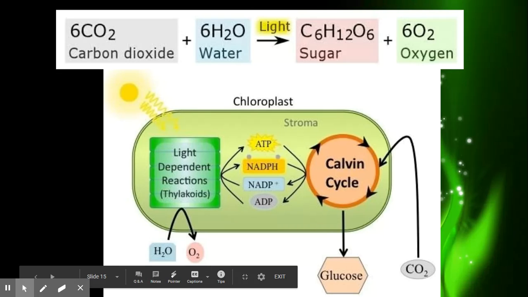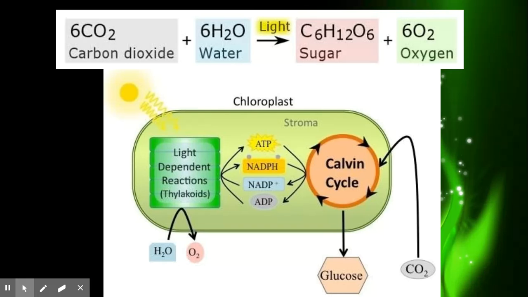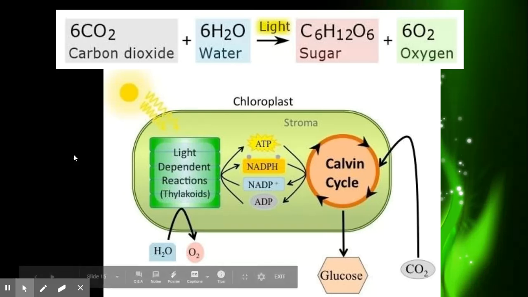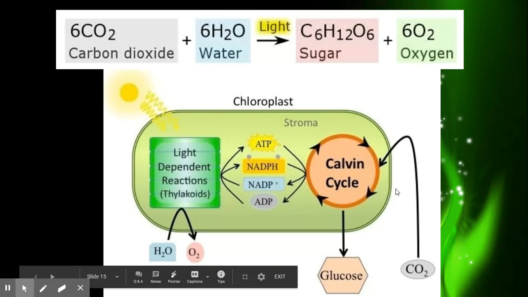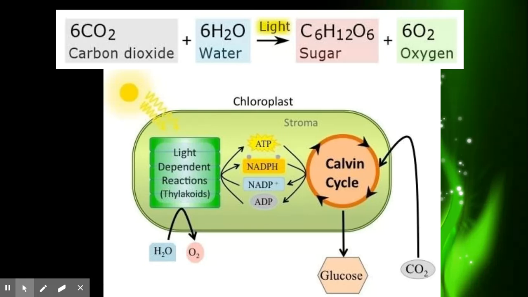So if I were to ask where all the reactants are used and where all the products are made, you could tell me: carbon dioxide used in the Calvin cycle, water used in the light reactions, light used in the light reactions, sugar produced in the Calvin cycle, and oxygen produced with the breakdown of water. So this is the whole overall process of photosynthesis.